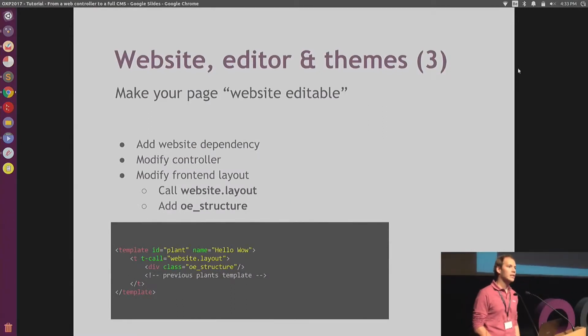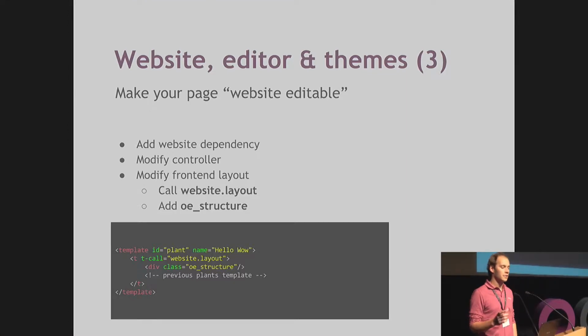And the last thing is to add a special section called structure, which will enable you to place all the snippets in your page. Just where you want to put stuff, you add a div with a class oe_structure, and this will allow you to customize it.